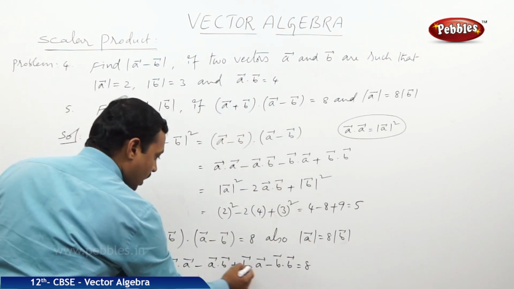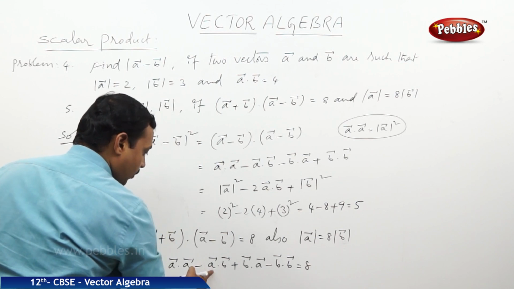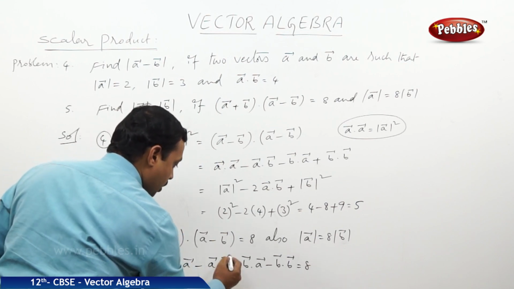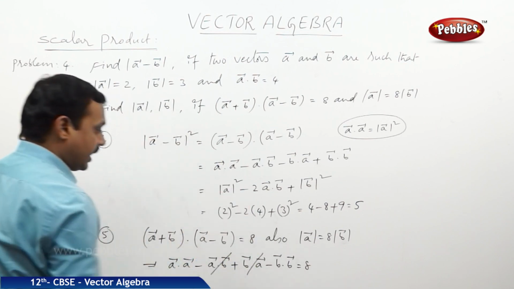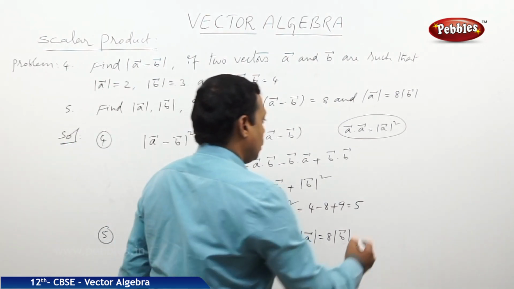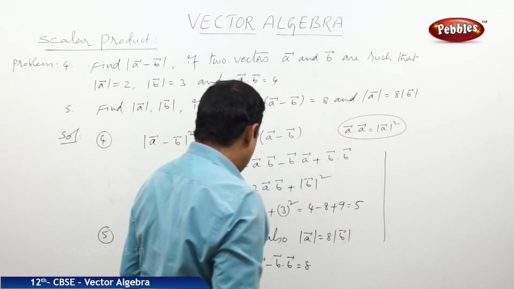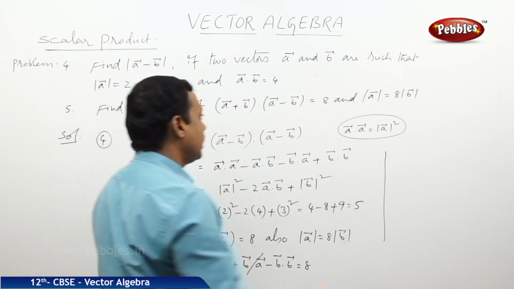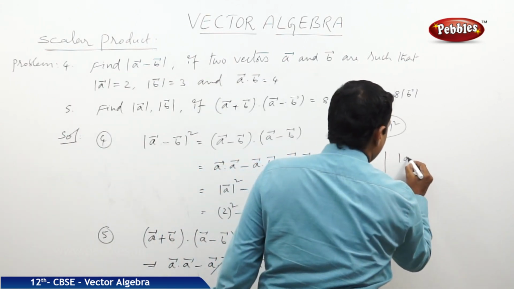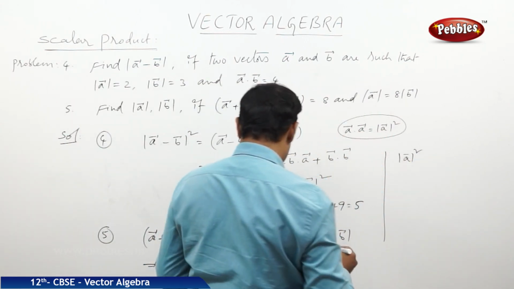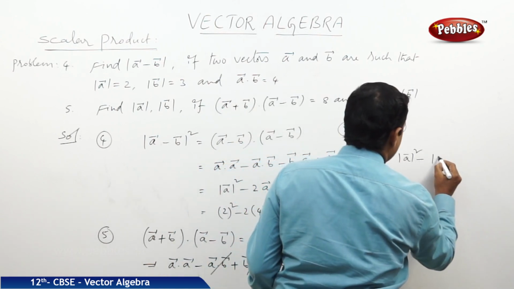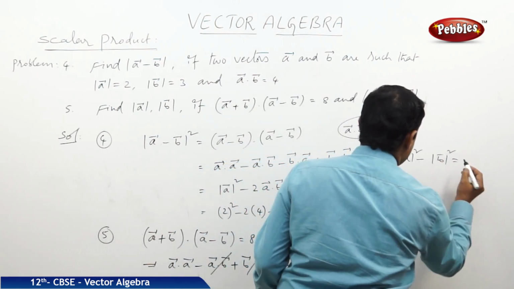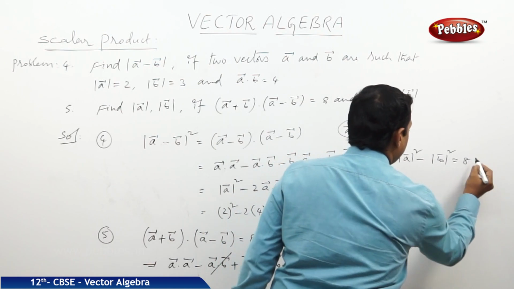So clearly a dot b, b dot a are the same, but one has negative sign, one has positive sign, so these two get cancelled. As we know, a dot a is equal to mod a square, minus b dot b is equal to mod b square, is equal to 8.